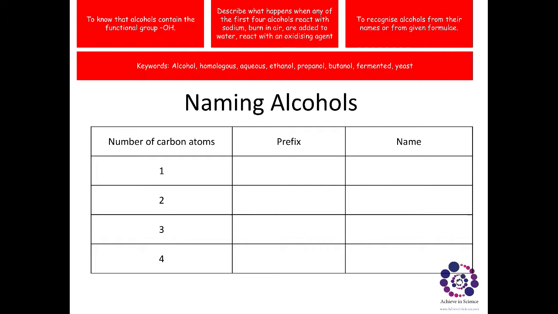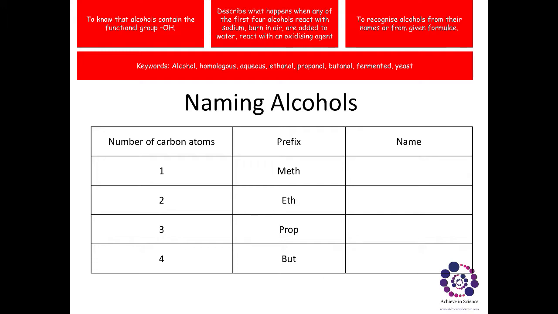Let's look at naming them. Naming alcohols is just like naming alkanes and alkenes. It is referred to as the number of carbons found within the molecule. I remember this by MEPB. That's the beginnings, the prefix of the name. So it's meth, eth, prop and but.